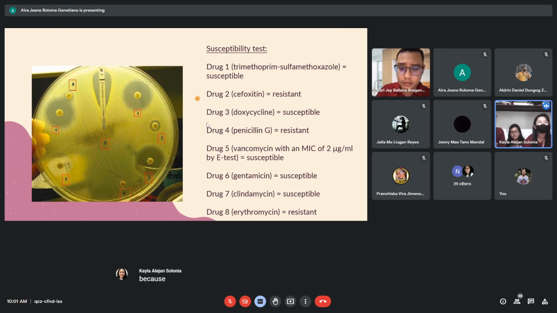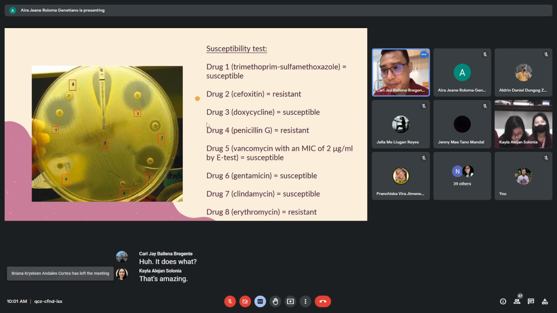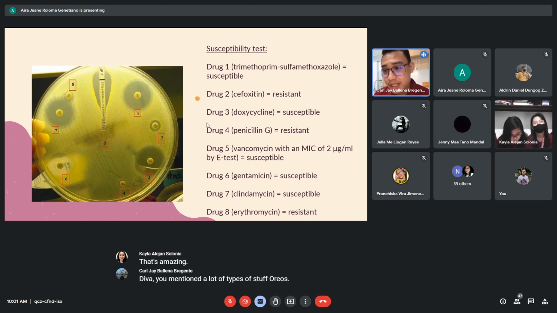Because it has methylase, sir. Huh? It has what? You mentioned a lot of types of Staph aureus. You have the vancomycin intermediate and vancomycin resistant.